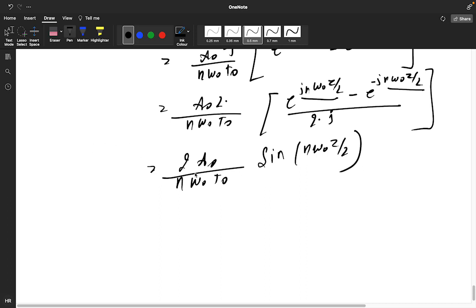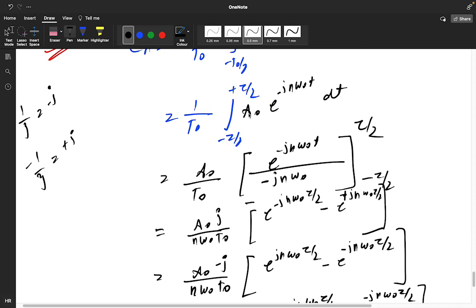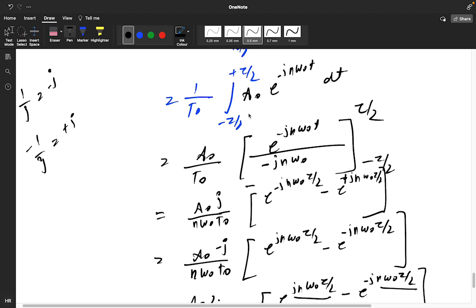So we are getting this equation, and omega naught T naught will get cancelled out. Let me check if I am missing anything. Yeah, everything is covered. Okay, so we got this particular equation.